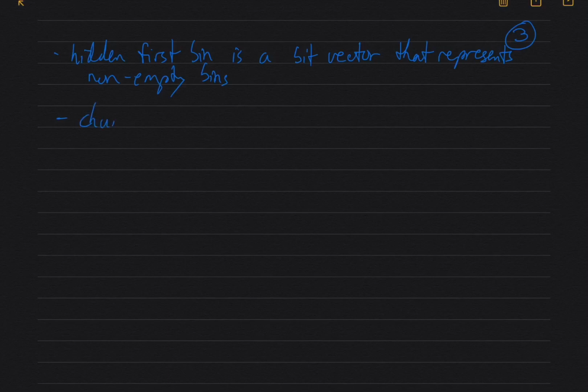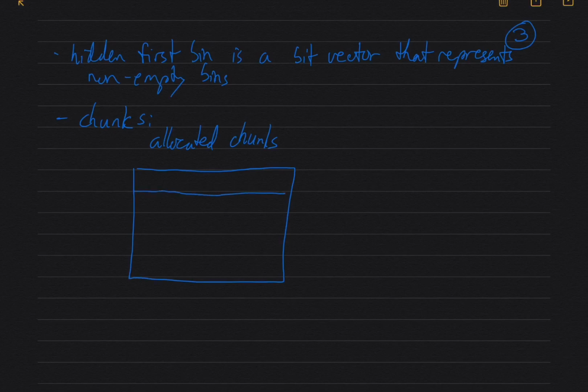So let's look at these chunks that I've been talking about. This is not an exact representation, but it is how Doug Lea describes it on his webpage, and it's a little bit simpler. There are basically two flavors of chunk. We have allocated chunks, and they're pretty simple. You have a double word at the start, which tells the size of the rest of the chunk, and the rest of the chunk is the data.